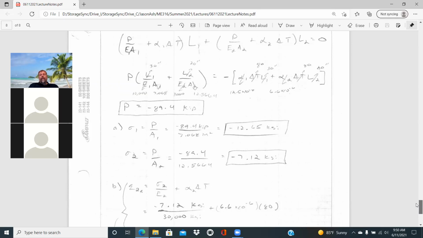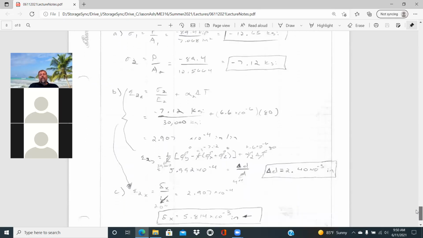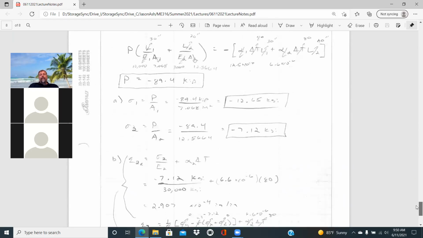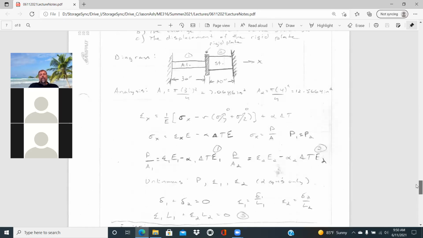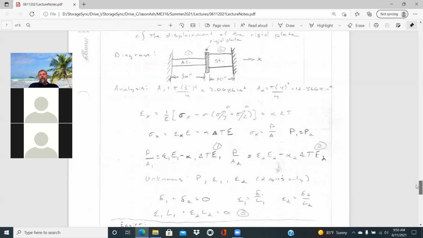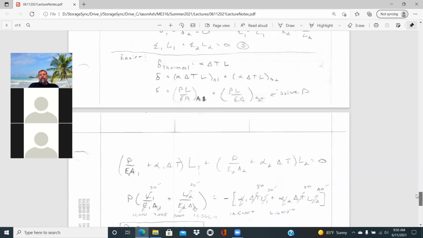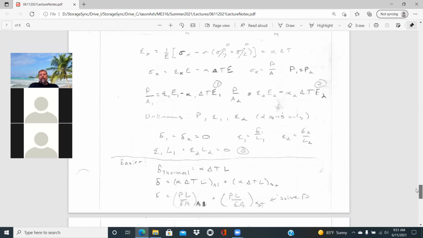And then finally, when we're looking at the displacement, if we were to look at strain 2 in the x direction, again, it would be epsilon x. We rearranged this, didn't we? So if we look at this relationship here, we move that to the other side.